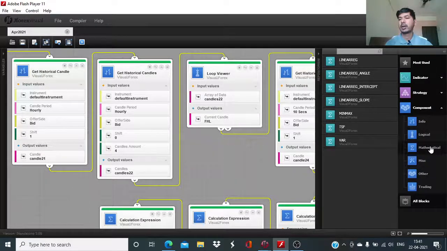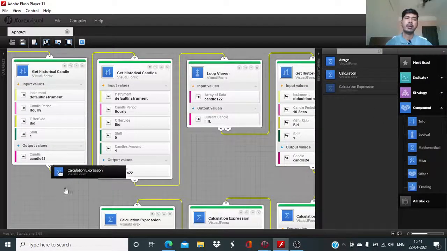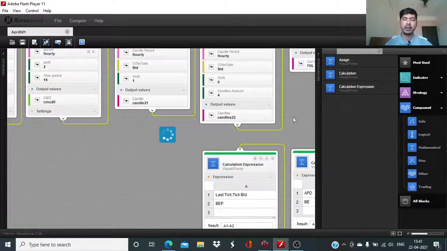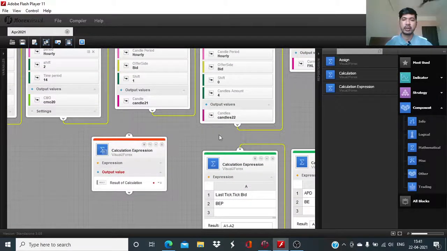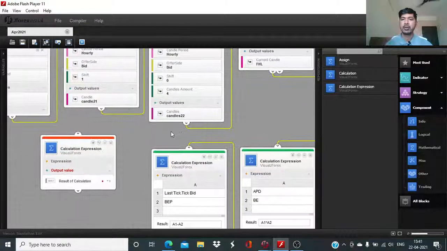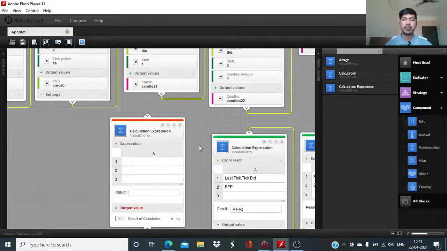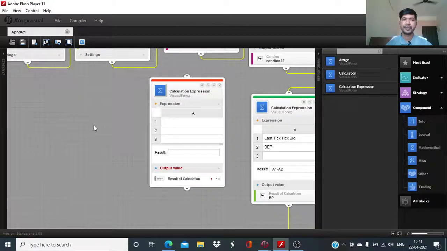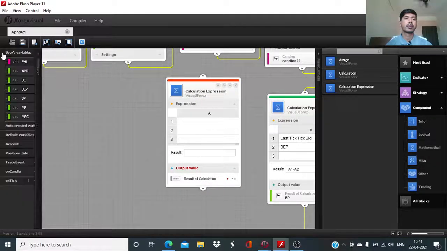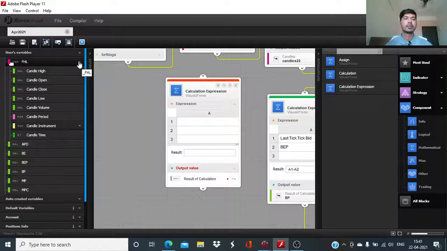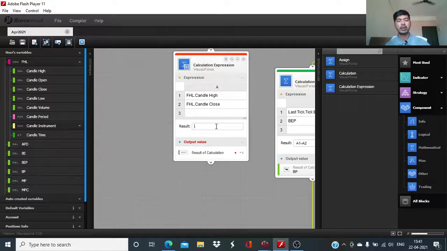Components, mathematical, and in that this calculation expression will be quite useful. High and closing value, A1 minus A2.